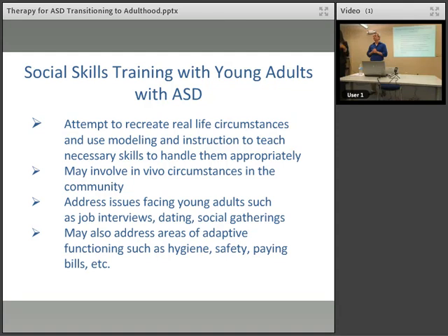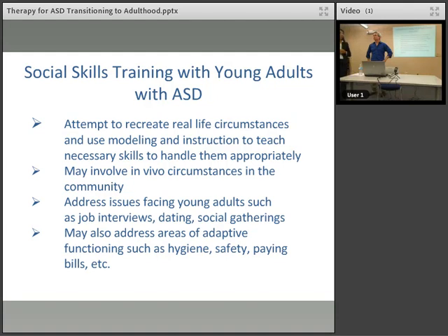They really thrive from being in a safe environment, with a small group facilitated by someone with experience in this area, and then being able to practice skills with other similar individuals, which will then generalize. So you're doing role playing in that.